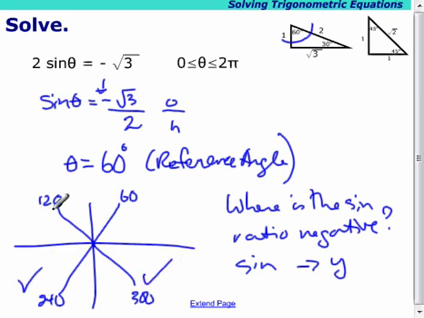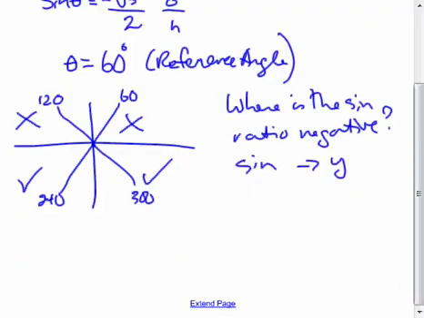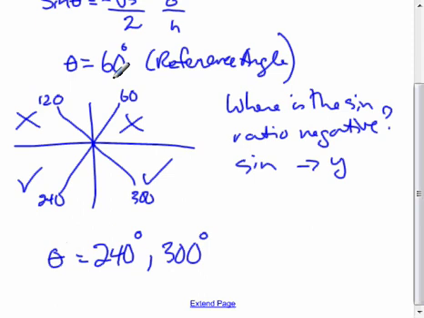Those would be my two solutions. Up here, sine is positive, would not be included in my solutions because I'm looking for a sine ratio that is negative. So my answers then to this question would be theta is equal to 240 degrees and 300 degrees. Notice that the reference angle itself is not in my solution.